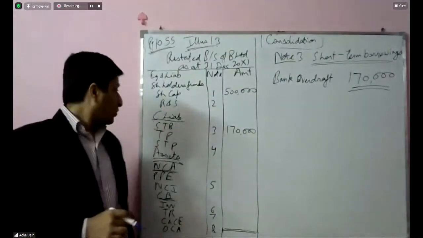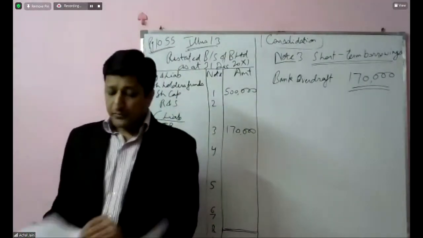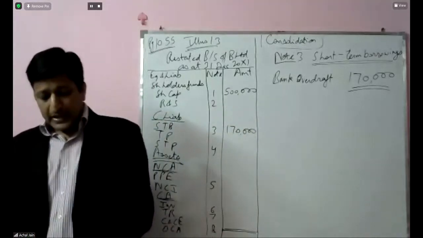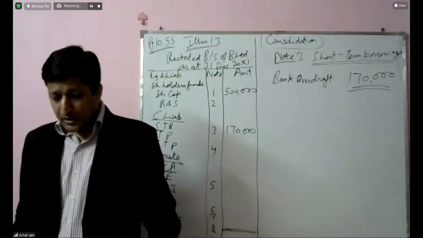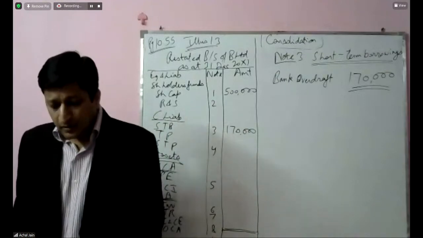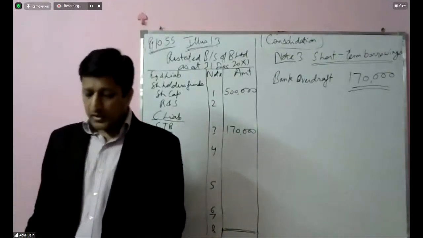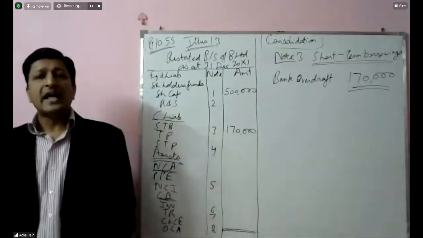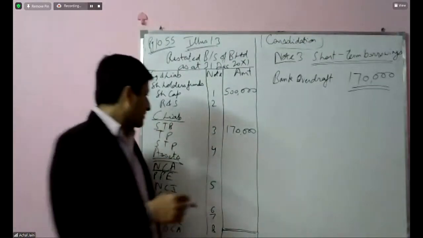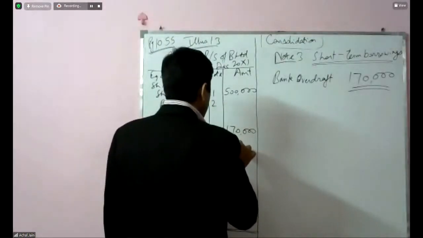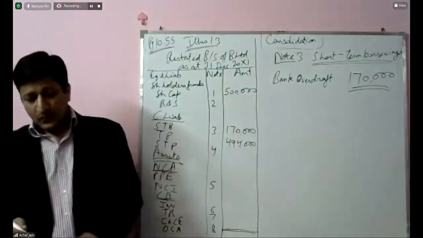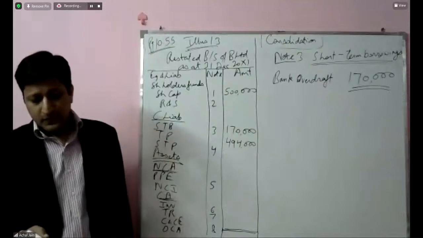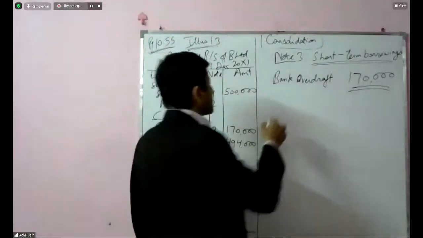Next, note number 4. But before note number 4, let's see the trade payables. So trade payables are direct, 4,94,000. Here again we don't have any adjustment. Note number 4, short-term provisions.